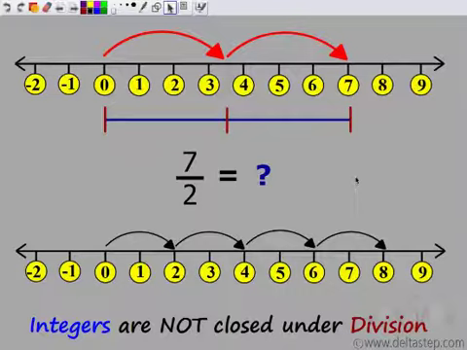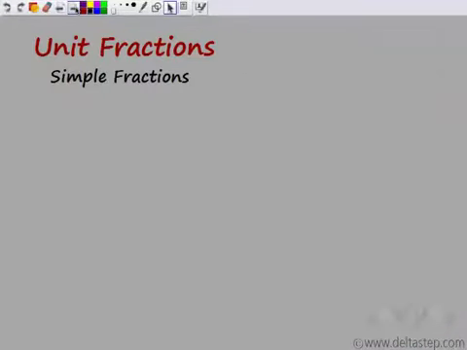Now mathematicians wanted a way out. They wanted something that could close this operation of division. So ancient people came up with the concept of fractions. The earliest known fractions historically were the unit fractions, which were later also called simple fractions.